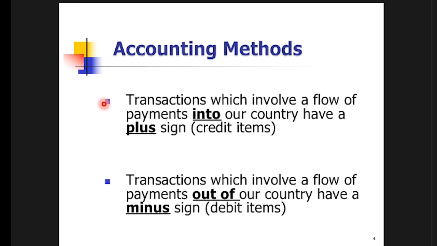If the transaction involves an inflow of payments, we record it with a plus sign in the table. And if the transaction involves an outflow of payments, we record it with a minus sign in the table.